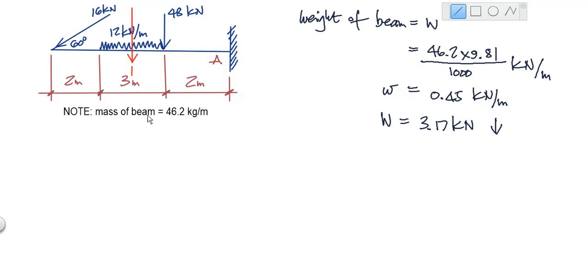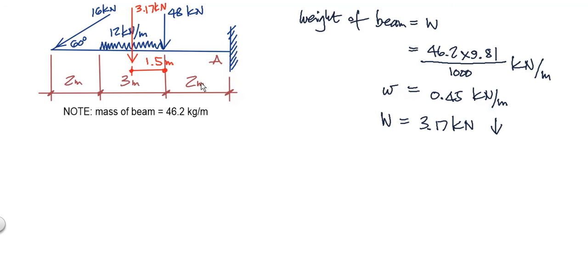Try and get it nice and horizontal. Okay, so there's my point load, which is the weight of it, 3.17 kilonewtons, sitting in the middle there.